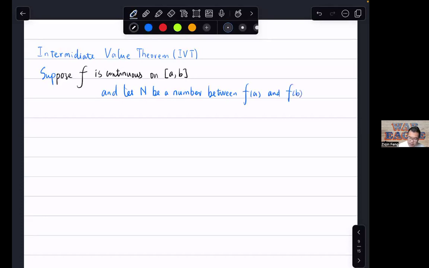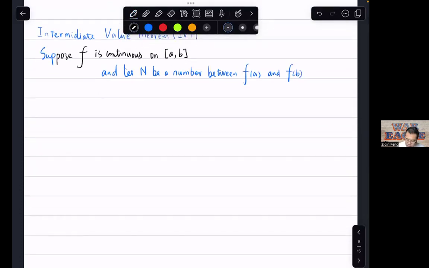I'll try to sketch a picture to see what's going on. We are in an xy coordinate system, and we are given a closed and bounded interval from A to B. Then we have a good function, which is continuous, something like this. We have two function values at the endpoints: f of A here and f of B somewhere here.